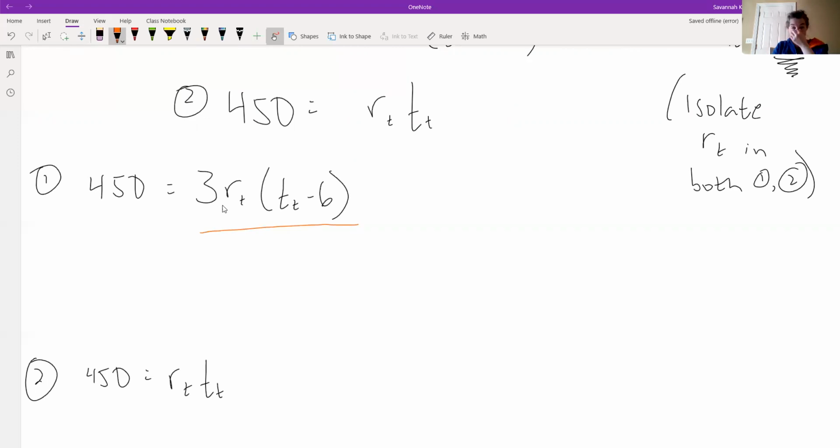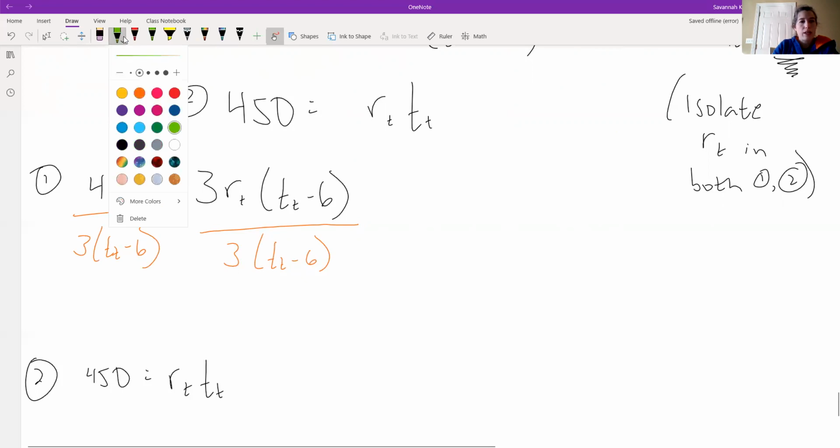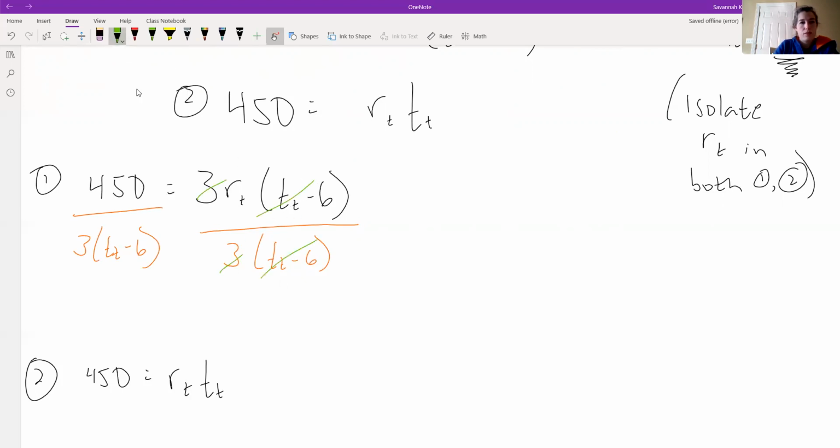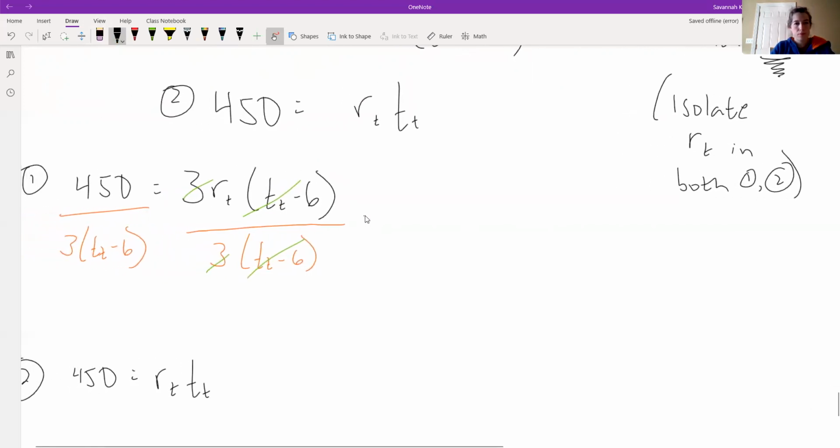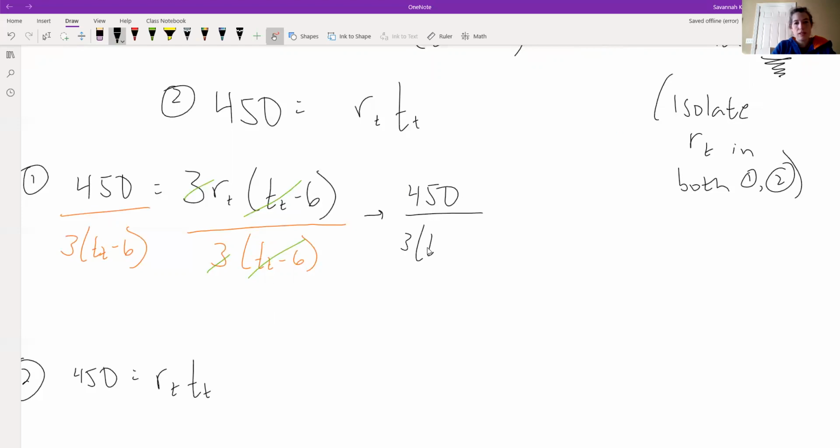Anything that is not RT, I can divide it away in order that I can cancel some 3s. Okay, so I've got 450 over 3 times T equals RT.